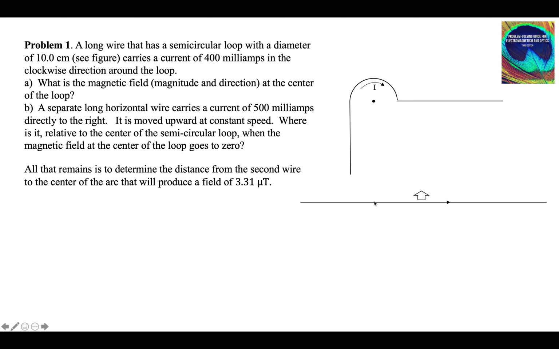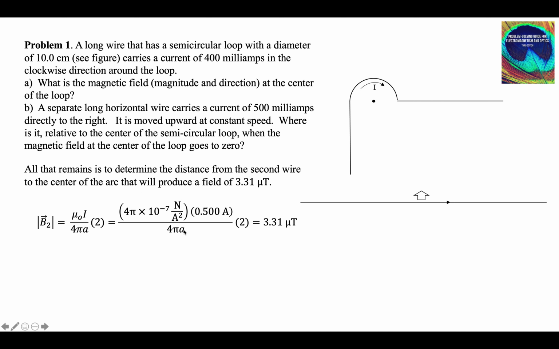How far away does this wire have to be from that point so it produces a magnetic field of 3.31 microtesla? It's double infinite. The current in this wire is half an amp, 500 milliamps, and the a is the unknown, and we know the field. The 2 is there because it's double infinite.